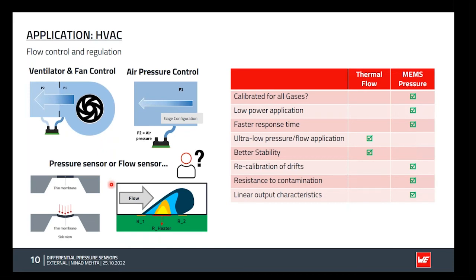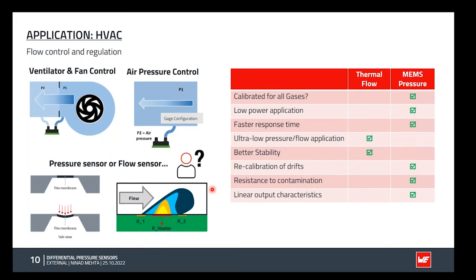But on the other hand, these flow sensors are suitable for ultra low pressure measurement, because they have a very good zero pressure or zero flow stability, because there are no moving parts inside basically, or the system is not under any stress. But the flow sensors are not very resistant to contamination, because the air is flowing directly through the sensor.